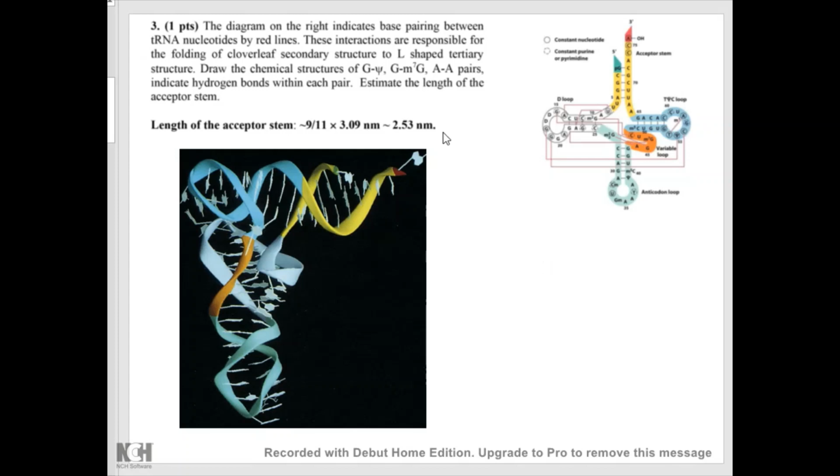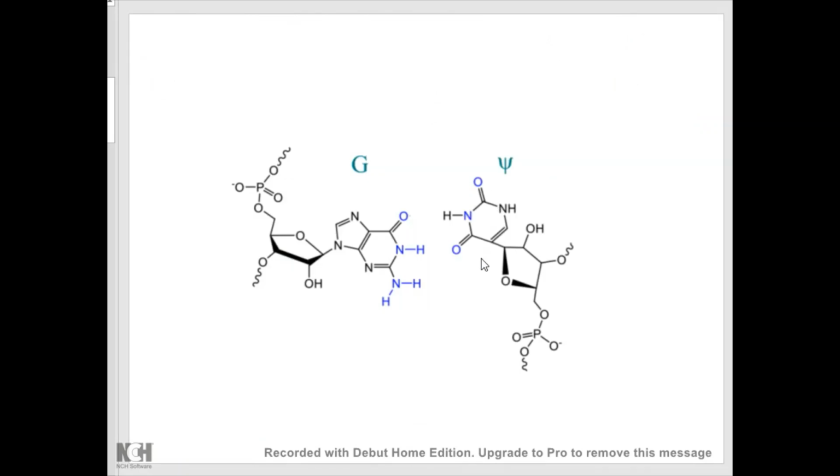Okay, let's now talk about how we draw base pairs, requested base pairs. In order to draw them, you just need to place guanosine monophosphate next to pseudouridine monophosphate and see how they can form hydrogen bonds. You need to draw at least 2 hydrogen bonds. 1 is not stable, and 3 is very rarely occurring.